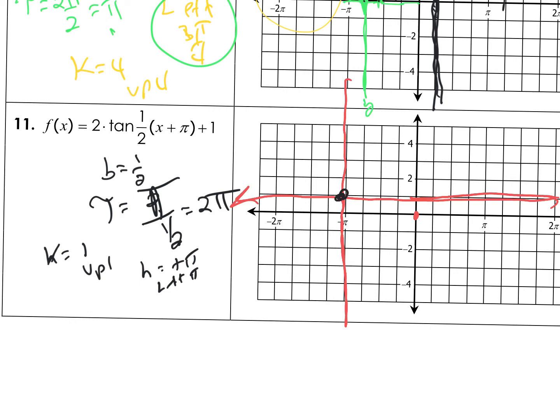And my period is 2 pi. Half of that is pi, so I have to go 1 pi to the right, 1 pi to the left. That takes me to here. This is where my first set of vertical asymptotes go. And so I'm going to start coming up from the bottom, curve over, boom.